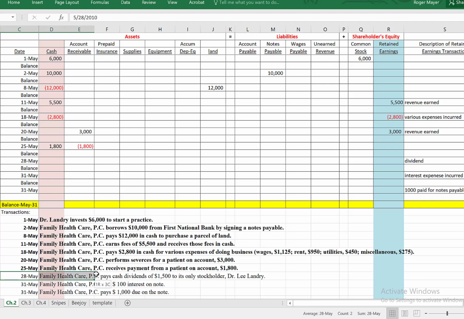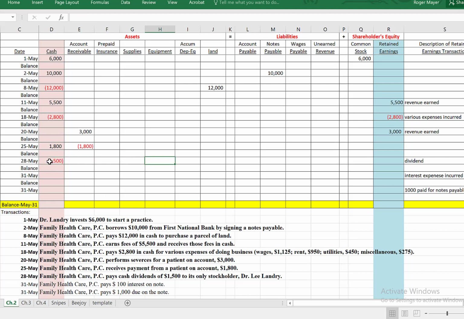Let's look at the next transaction, which is May 28th. What's taking place is Family Healthcare pays a dividend to its only stockholder, Dr. Landry. So on May 28th, we're paying a dividend. This dividend is $1,500.